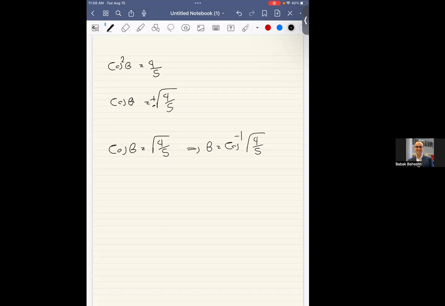So what is theta? I don't have a calculator. Can you use a calculator to tell me theta? That is in terms of degrees, right? Okay, so this is 26 degrees.